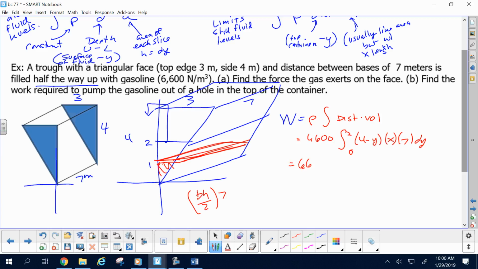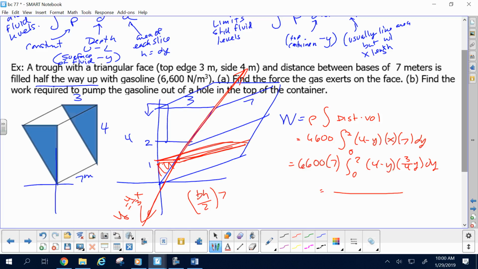Sub 4, pull that out, 0 to 2, 4 minus y. Subbing for x, what's the equation? Subbing for x involves finding the equation of this boundary line. What's the equation of this boundary line? Y equals 4/3 x. So solve for x, then x is 3/4 y.